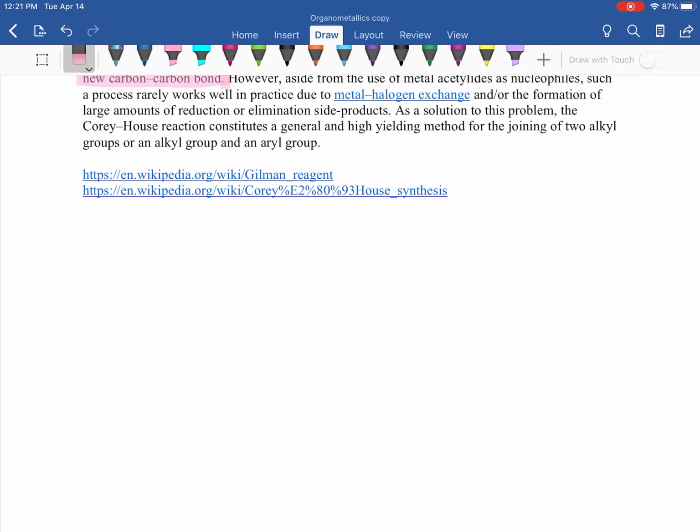Coupling reaction, that Corey-House reaction, where you can take two alkanes and you can couple them. So you can take any kind of alkyl halide, typically a bromide. Let's put an R group there, meaning any alkane. And then you can treat it first with lithium, second with copper iodide.